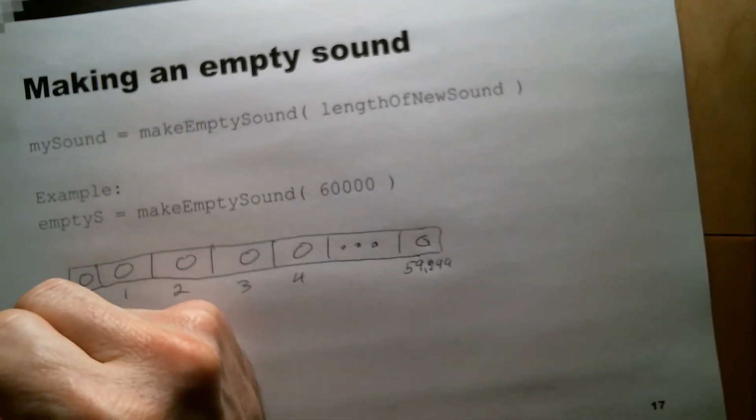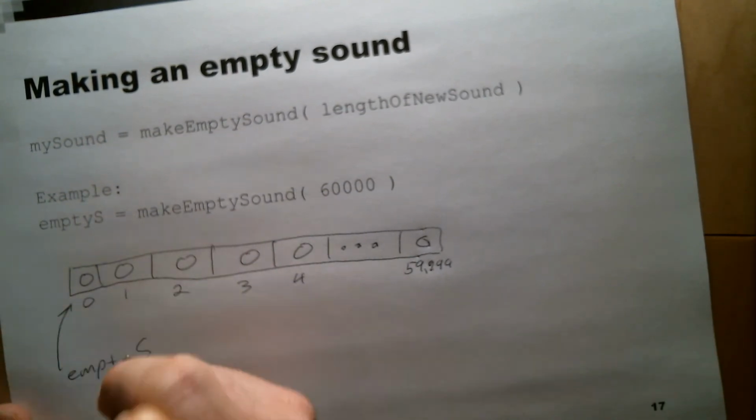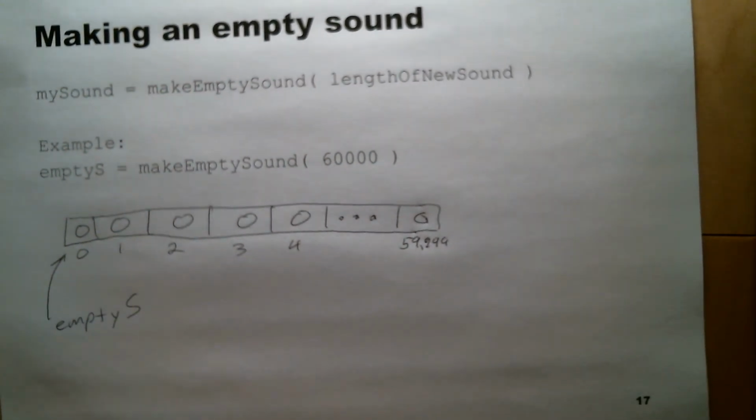All right, but this would be our empty S, just a big long list of zeros, and those zeros just represent the height of the wave. So if the height of the wave is 0, you basically just get blank sound. All right, so we're going to use this, make empty sound, and then we're going to copy things into it and modify it and do all sorts of different things to create effects and stuff that we want to do.